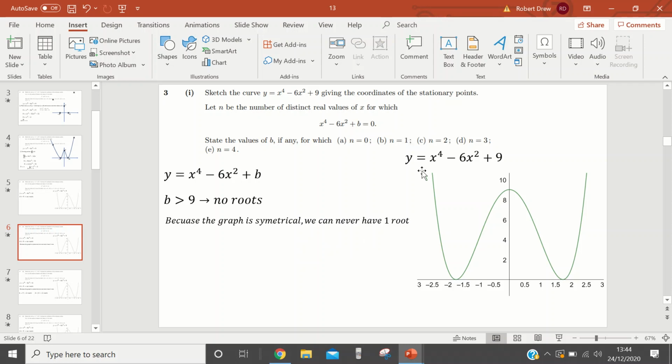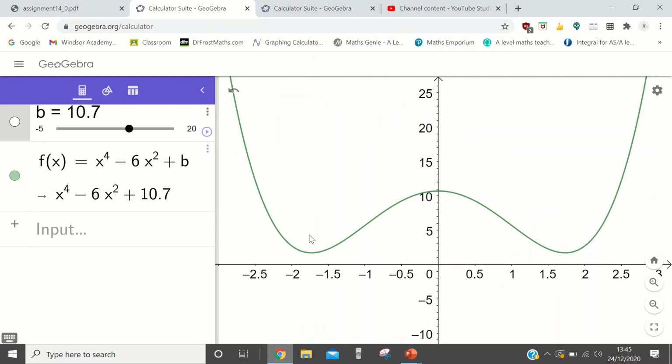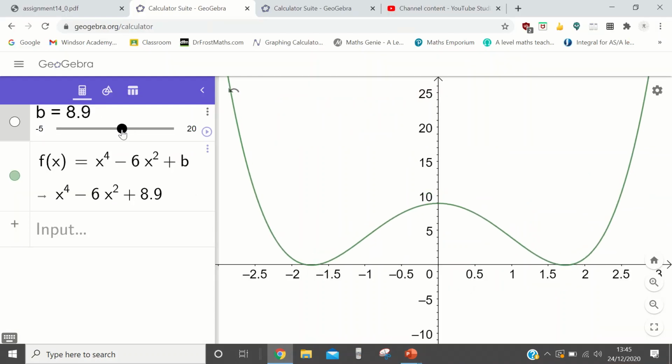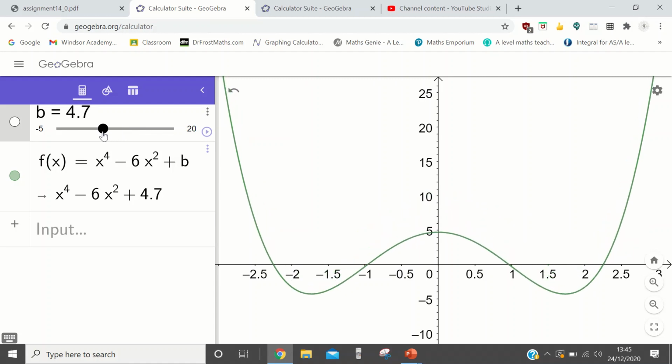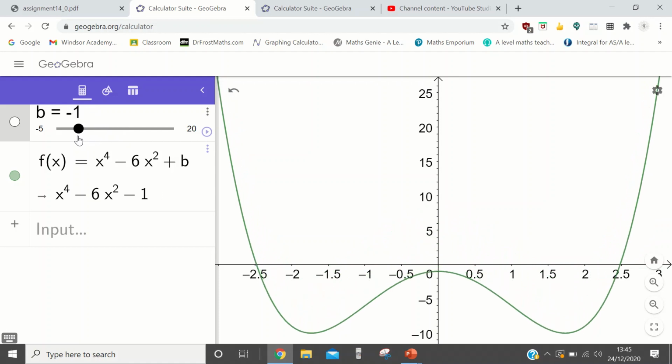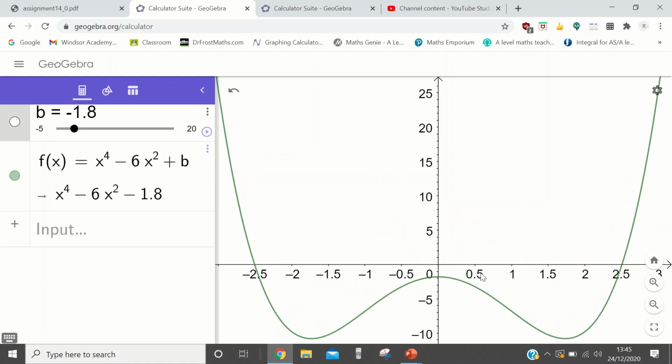Part C, two roots. Well, we can actually see a version with two roots. When b was 9, we had two roots. Are there any other points where we have two roots? Well, we don't there, but let's slide it down. So there, when b is 9, there's our two roots. Is there another point? Well, actually, if we go down far enough to get rid of that hump there, we end up with two roots. And where's that point at?